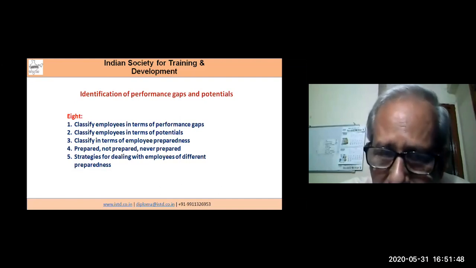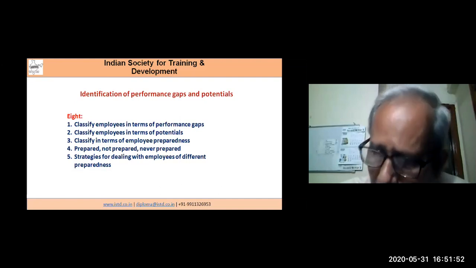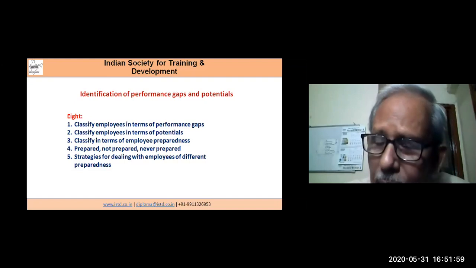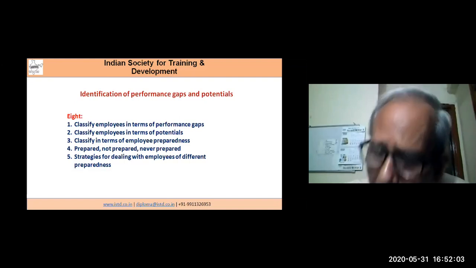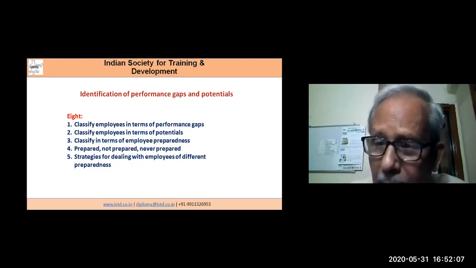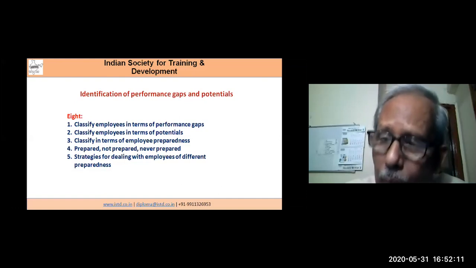The strategies for dealing with employees of different preparedness. If a person is well prepared, no problem. They're very good. We can use them at any place wherever we want. As for the person who is not prepared, by pushing them, by motivating them, they can be made prepared. But there are some people who are never prepared, meaning they're very difficult to motivate.